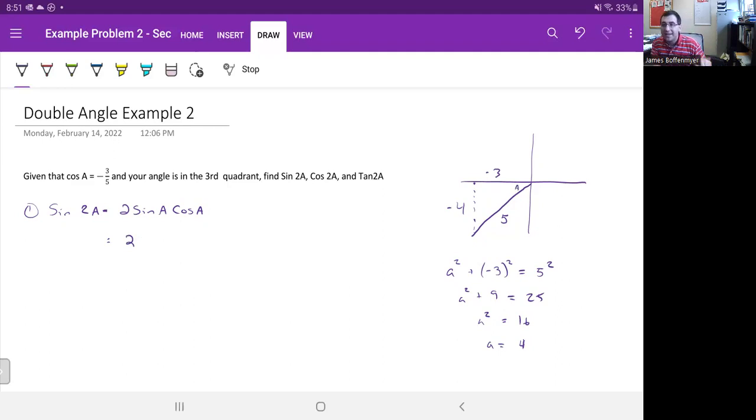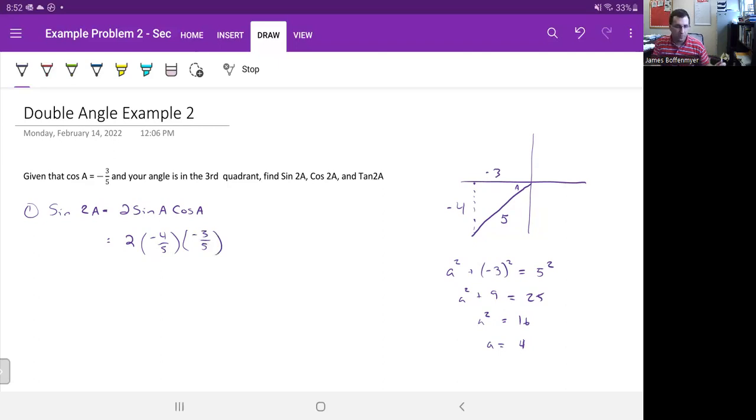The sine of your angle a is opposite over hypotenuse, which means -4/5. So that would be 2 times -4/5. And then cosine of your angle is adjacent over hypotenuse, but it's also given to us in the original problem: -3/5.